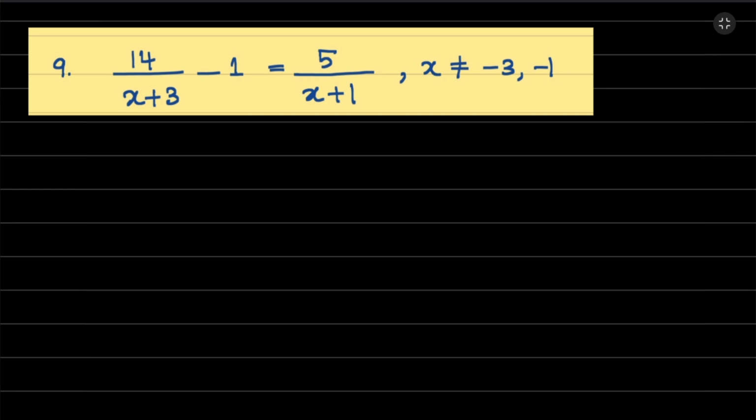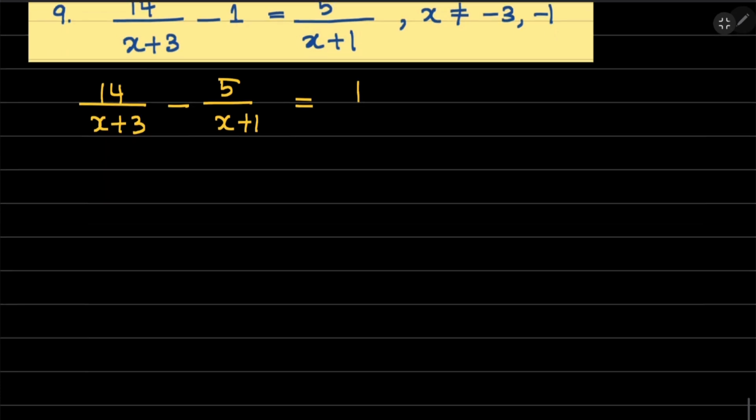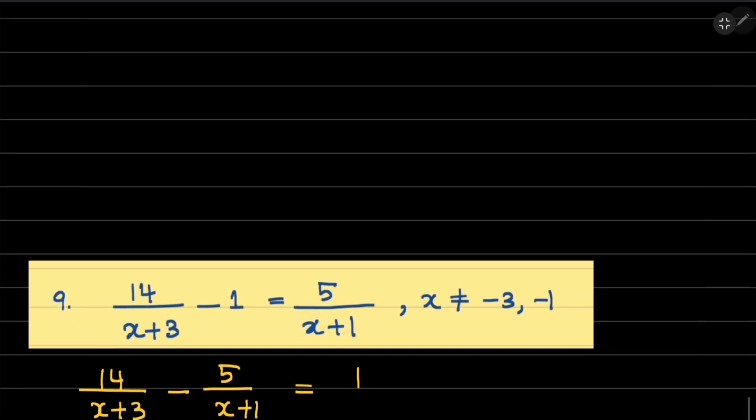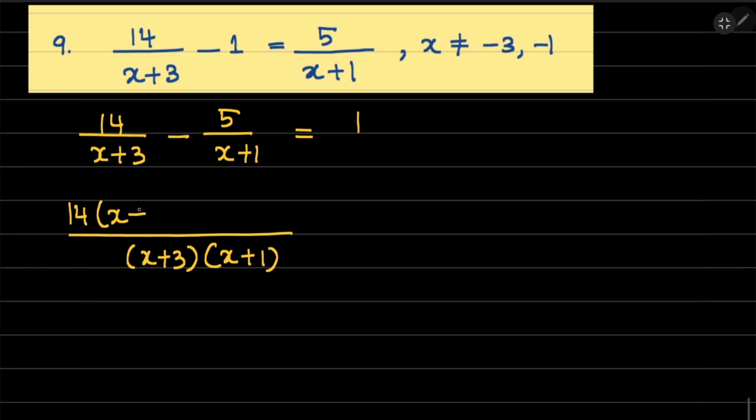Let's take all the x terms to one side. So you have 14 divided by x plus 3 minus 5 divided by x plus 1. And let's take this minus 1 from LHS to RHS, which is 1. Take the LCM. The LCM is nothing but x plus 3 multiplied by x plus 1. So you have 14 multiplied by x plus 1 minus 5 multiplied by x plus 3 equal to 1.